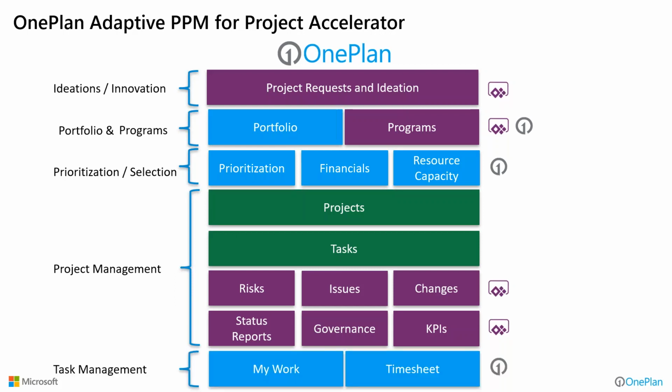And then also be able to have team members have one place to go to get everything that's on their plate. Even though I might have separate projects that are being managed individually, by getting them into this One Plan solution, a team member can have a My Work area where they can get all their tasks on their plate and provide status in one location and feed it back to the project managers or whoever's managing those initiatives in an electronic fashion very easily.